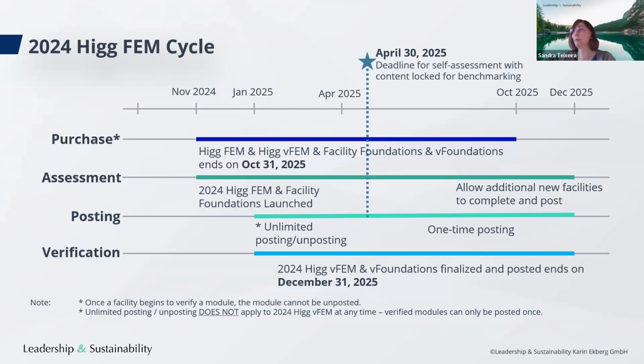And the posting is allowed from January 2025 until December 2025. Please note that if you wish to have your self-assessment with content locked for benchmarking, this is only possible until the 30th of April of 2025. And the verifications will take place from January 2025 until December 2025.